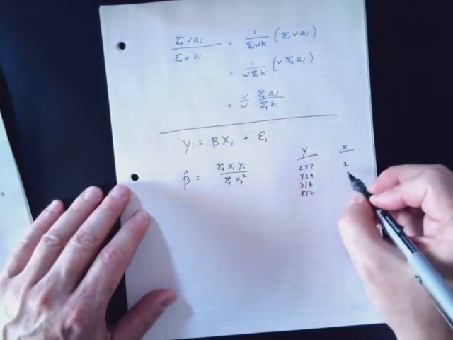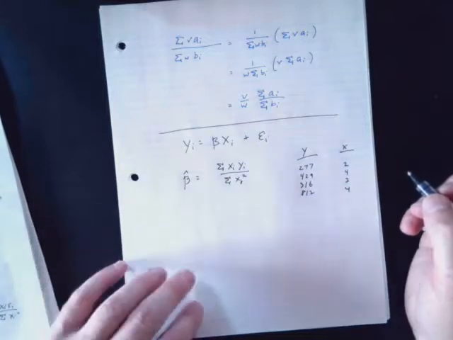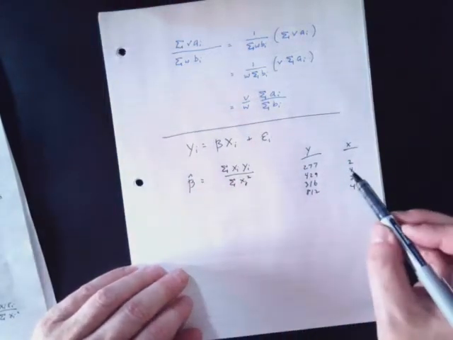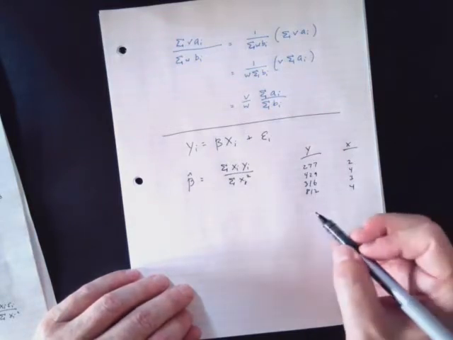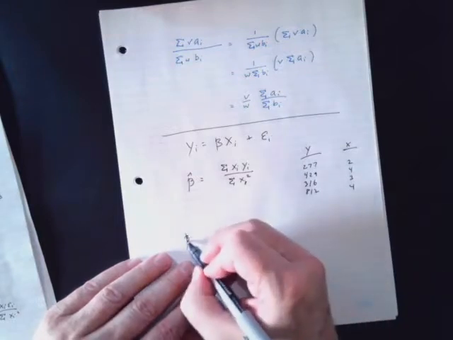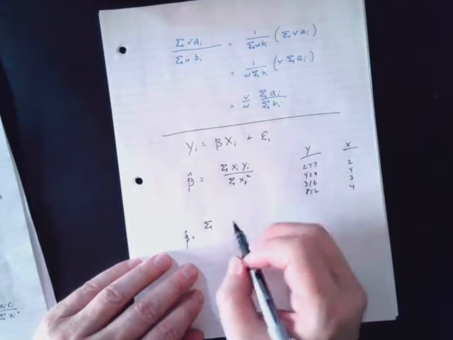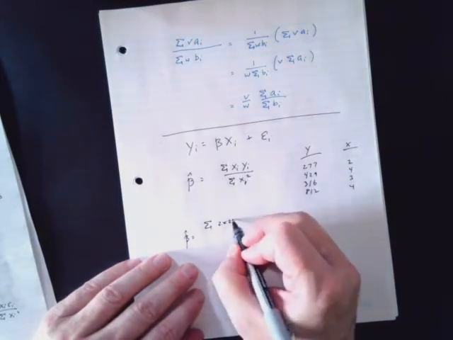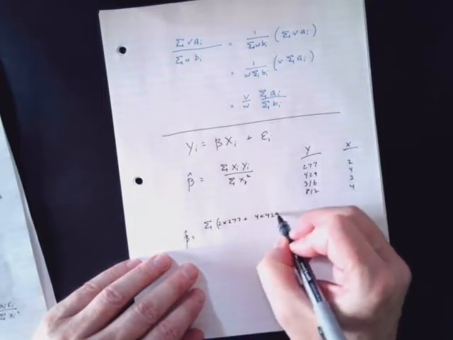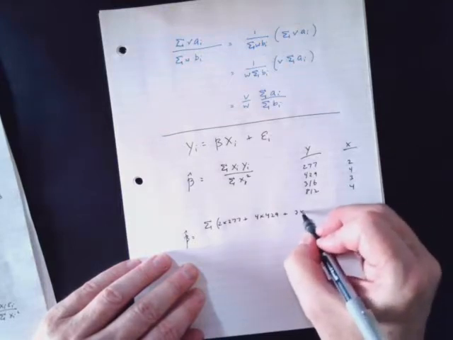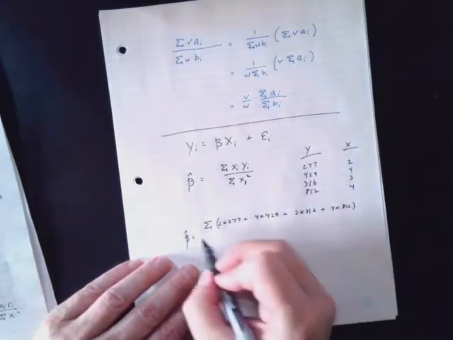So you've got 2, 4, 3, and 4. Then if you did an XY scatter plot and fitted a straight line through them, the formula would be 2 times 277 plus 4 times 429 plus 3 times 316 plus 4 times 812.